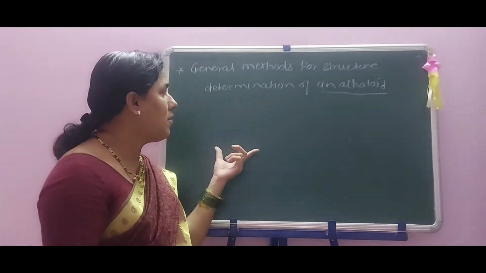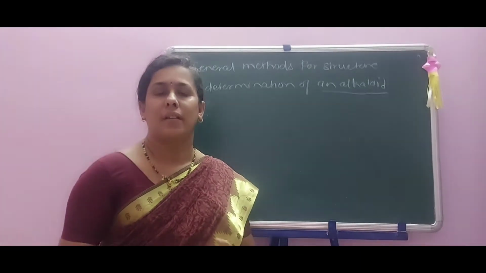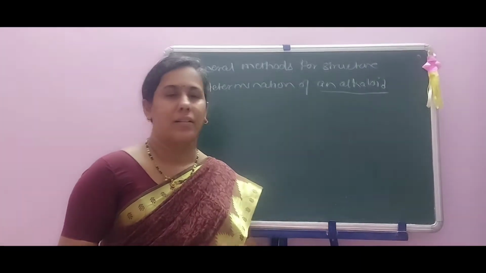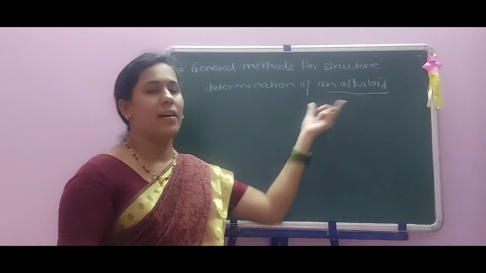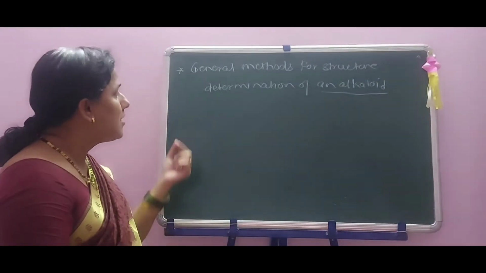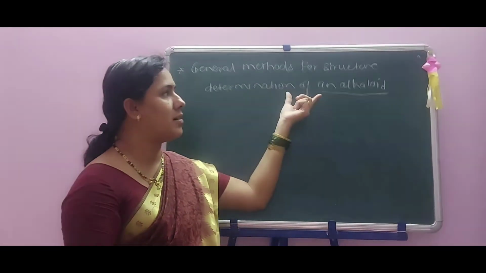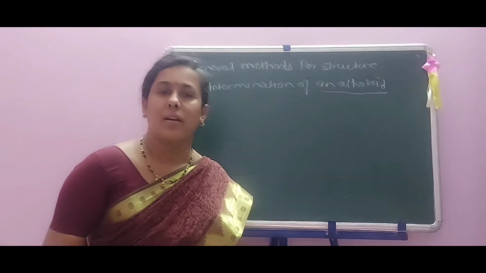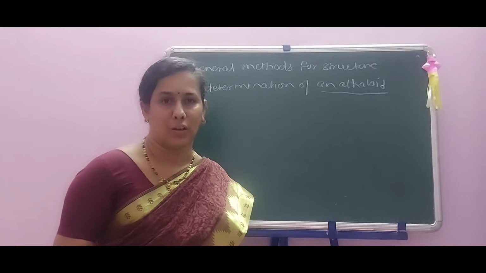Already we have discussed the isolation and the properties of an alkaloid. In today's lecture, we are going to see the different methods which are used for the structure determination of alkaloids.